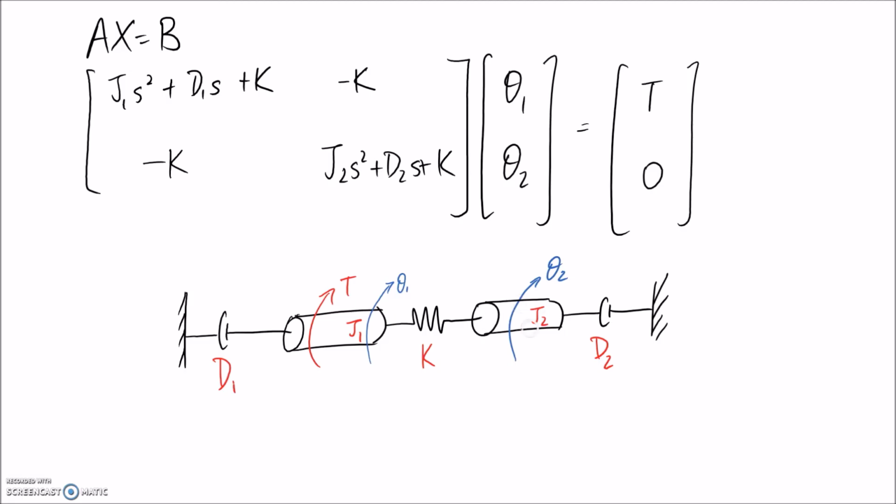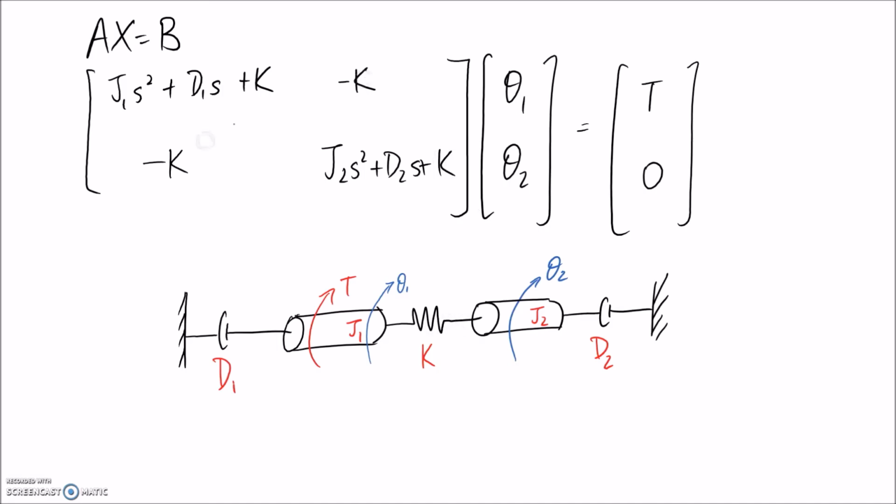For the second inertia, that related to this line of the equation, and you can see in this bottom corner we've ended up picking up the inertia term for that mass, the damper that it was directly attached to, and the spring that it was directly attached to.